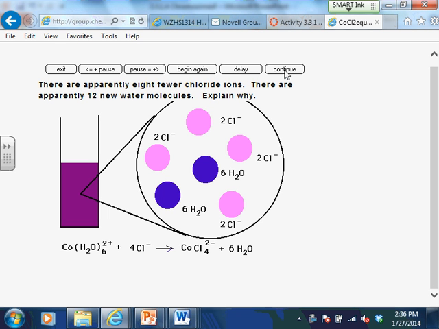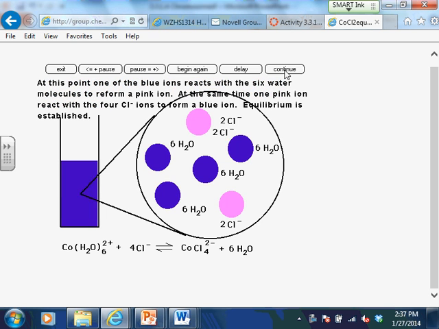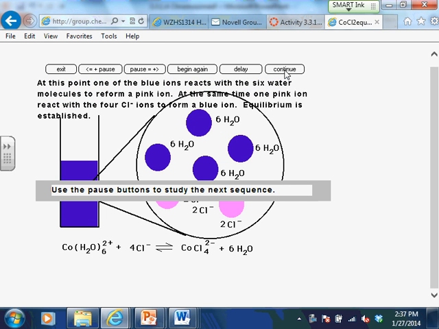Okay, it says there are apparently 8 fewer chloride ions. There are apparently 12 new water molecules. Okay, and the reason for that, again, is that the chloride ions are complexing with the cobalt now instead of the water. So you add more HCl. Okay, now you're getting more of those cobalt chloride complexes forming, and it starts to turn bluer and bluer.